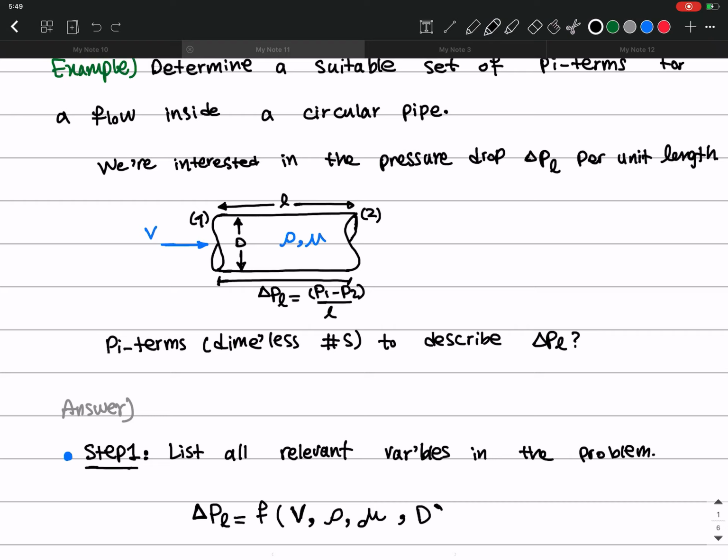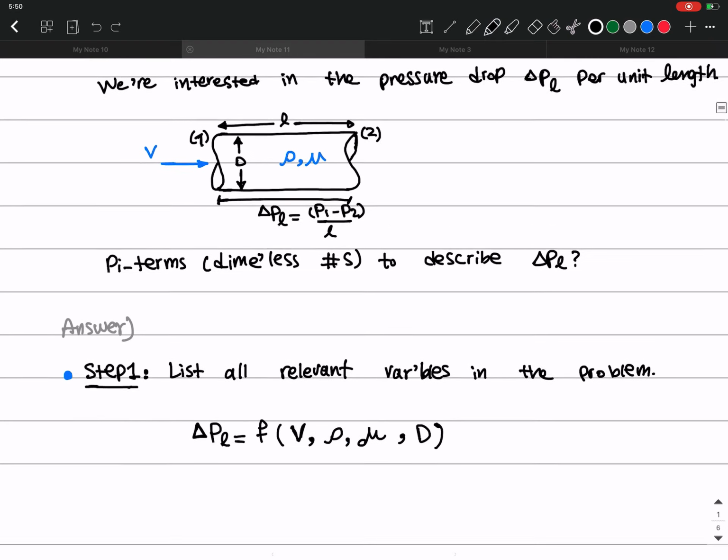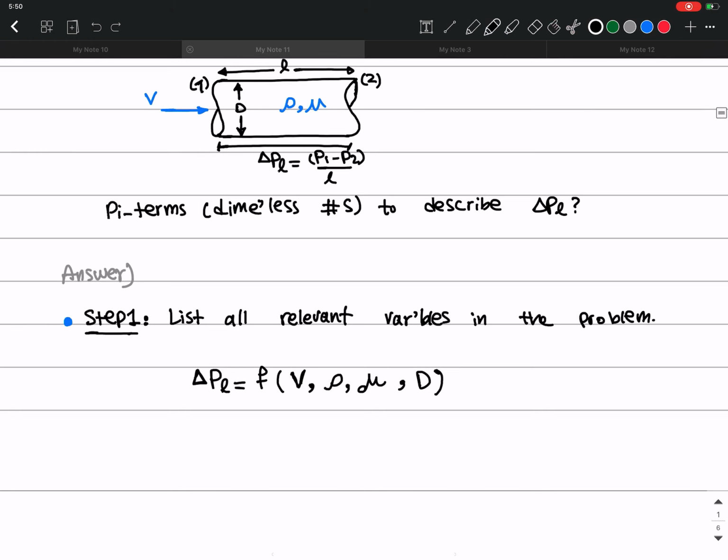So that's why I don't write L. But if it was a general pressure drop, then I should have also written L as well, because the pressure drop, this P1 minus P2, also depends on the length, okay? So this is the first step. You just list all the variables that are important in the problem, okay?